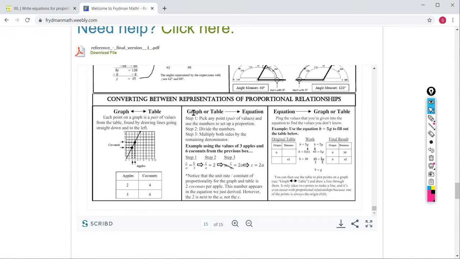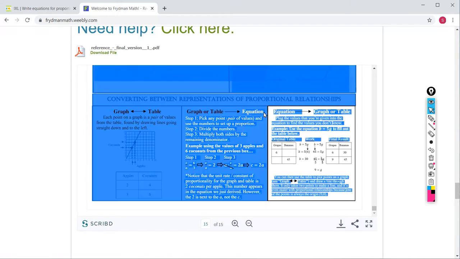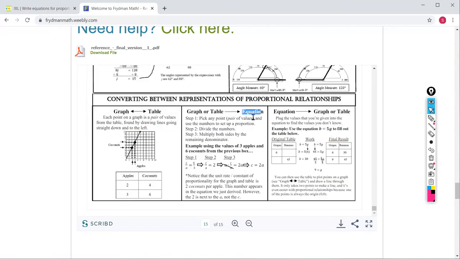Okay, so this is what we want to look at right here. We are starting with a graph, and we want to convert that into an equation. And it would actually be the same strategy if we started with a table and converted it to an equation. So they're both in the same box here. Step 1, pick any point, meaning a pair of values.